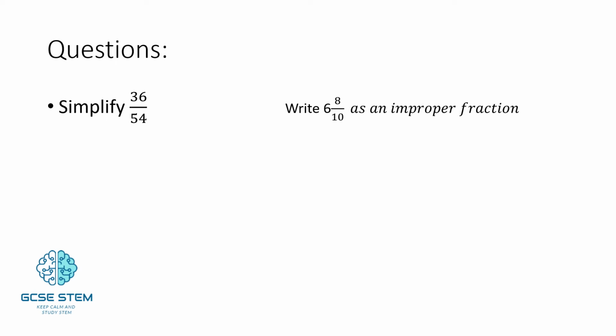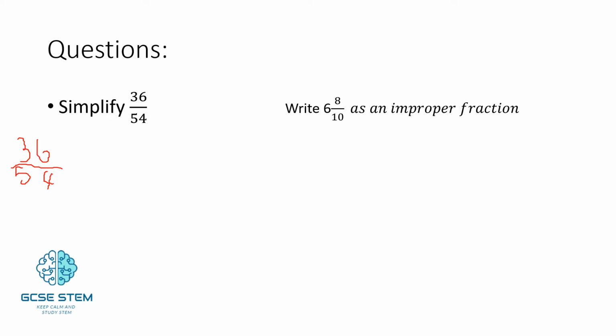Alright, so we have on the left 36 over 54. Now, in this case, the largest common factor that can go into both 36 and 54 might have tricked you there. It's in fact not 9.